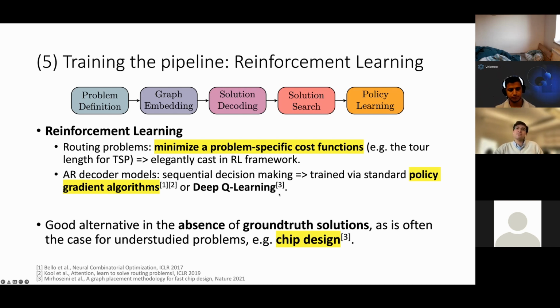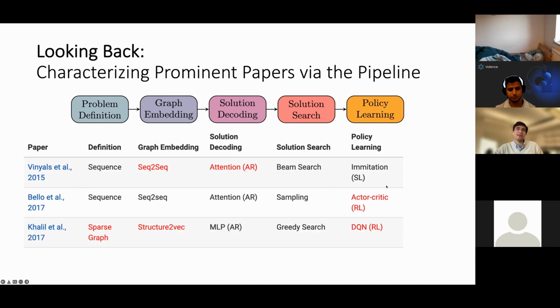And that's the pipeline. That's the 5 stages of this pipeline. And we can characterize prominent papers via the pipeline. So we can look back and say what were the big ideas with each of the papers, and we can break them down into these 5 stages of the pipeline. And in red, I've highlighted the big ideas.